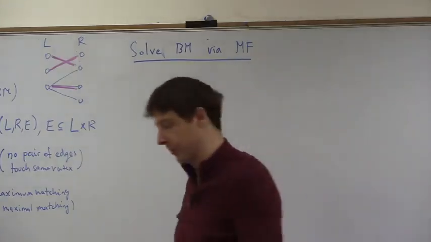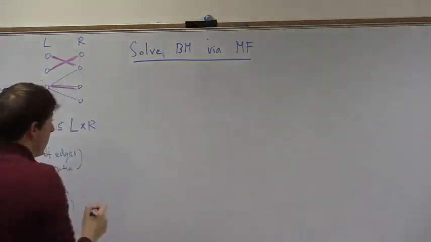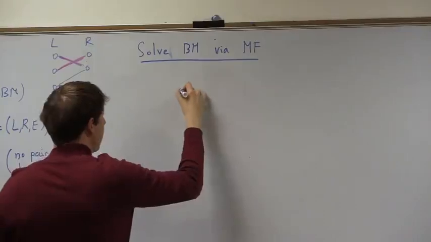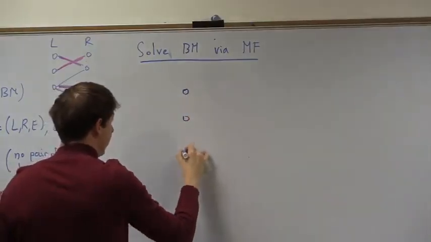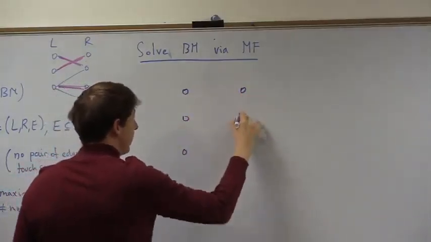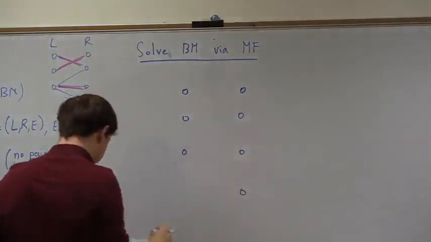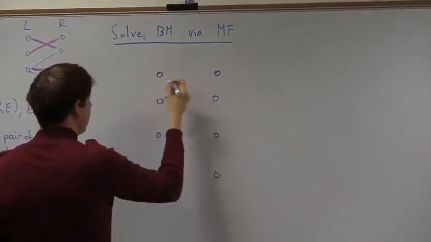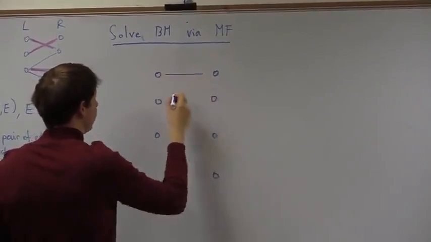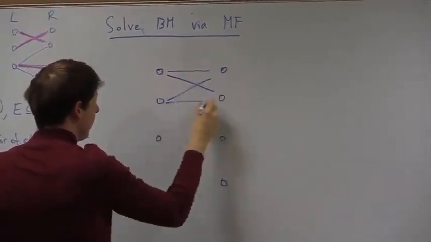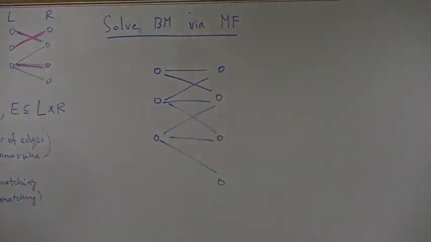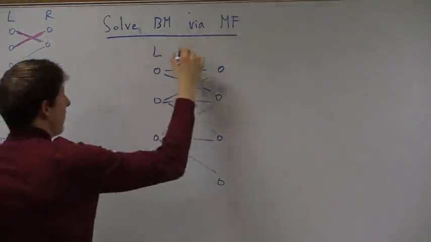understand the maximum matching. So I'll write down what we're going to do. Say that you have your bipartite matching instance, your bipartite graph. Here it is. So that's left and right.